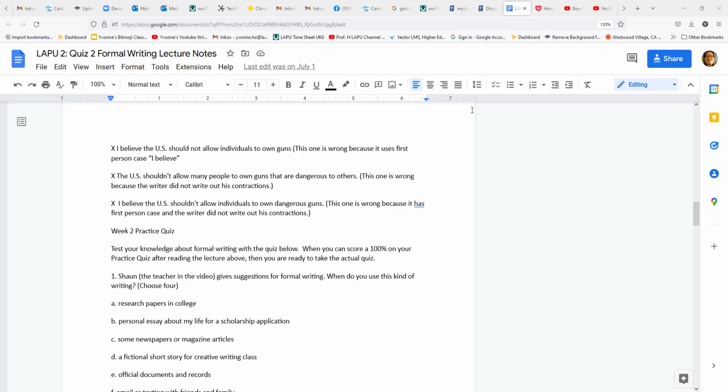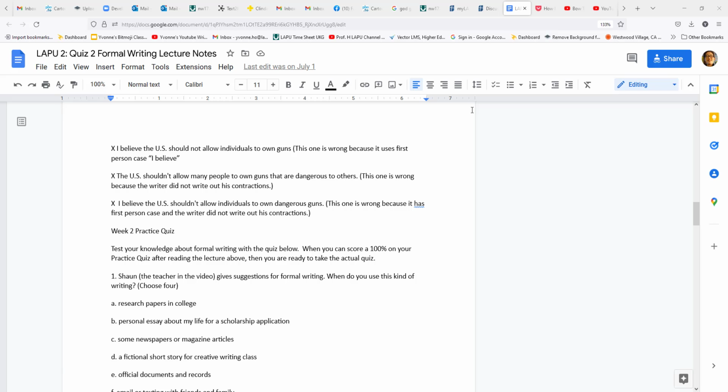"The U.S. shouldn't allow many people to own guns that are dangerous to others." This one is wrong because it has contractions like "shouldn't," and it has leading adjectives like "dangerous." As soon as you have leading adjectives and contractions that aren't written out, it's wrong.